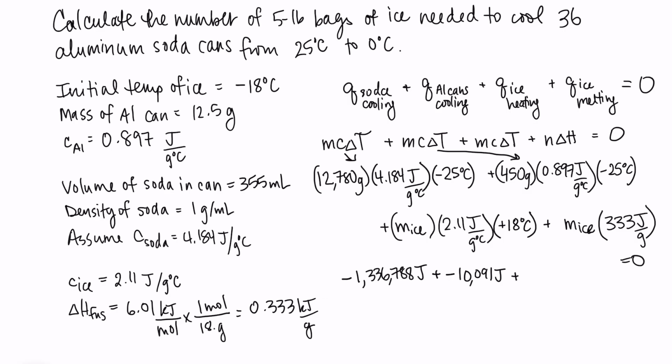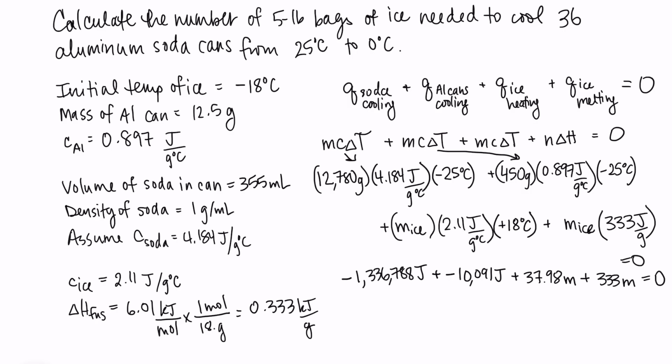And now I'm going to have 2.11 times 18, which is 37.98 times M, plus 333 times M, and all of that equals 0.